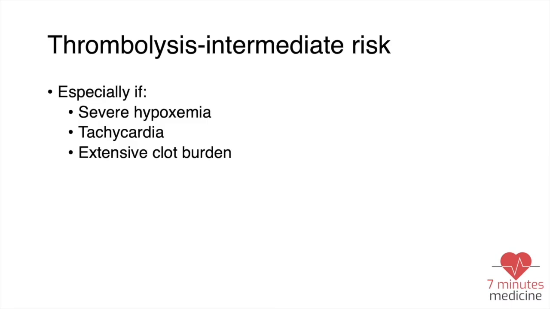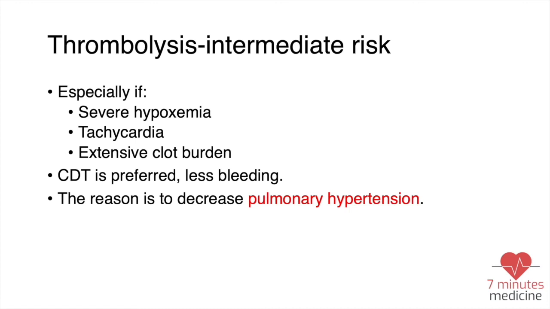Thrombolysis in the intermediate risk PE, and we highly recommend it to be done as we talked earlier, if there is severe hypoxemia, tachycardia more than 110, or extensive clot burden. The catheter-directed is more preferred than the systemic in this category, and the reason is to decrease the pulmonary hypertension, because even if the patient is stable, why use thrombolysis?